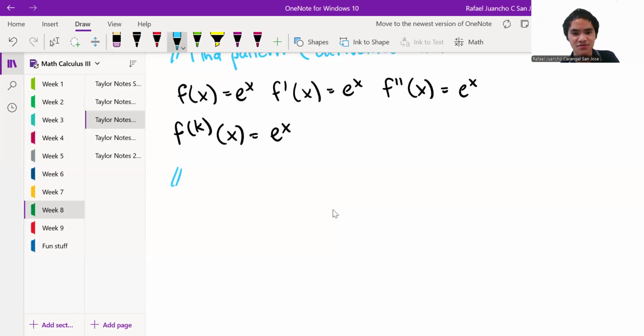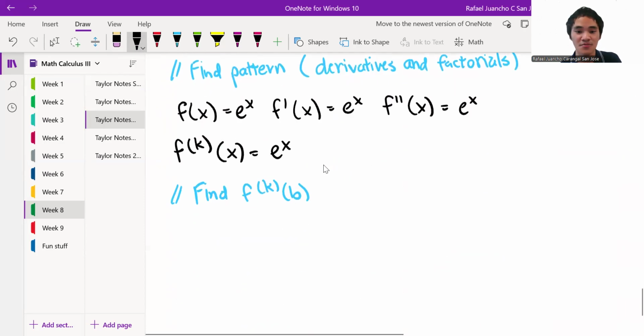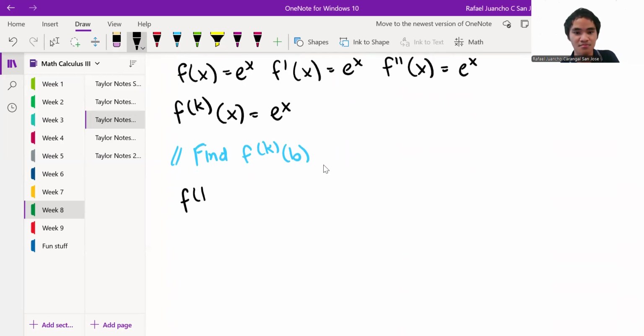Now the next thing is to find where it's based at. So at b, where is it based at? It's based at 0. This is e to the 0. This is 1, for all k and all x.